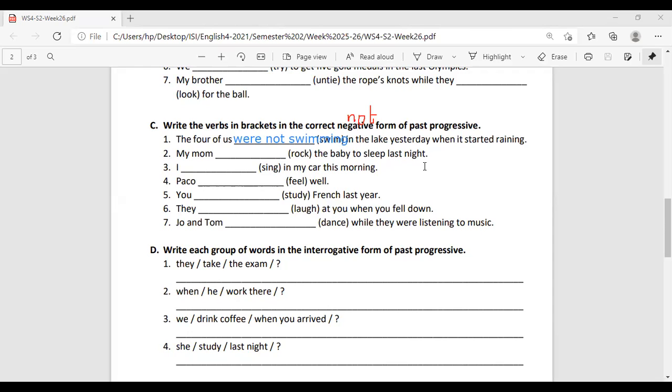My mom was rocking the baby to sleep last night. Make it negative. I want it in the negative form, not in the affirmative form. My mom was... Make it negative.